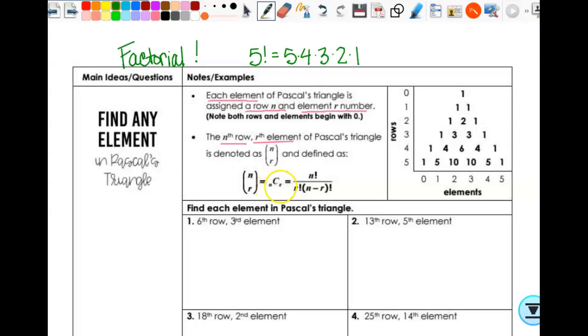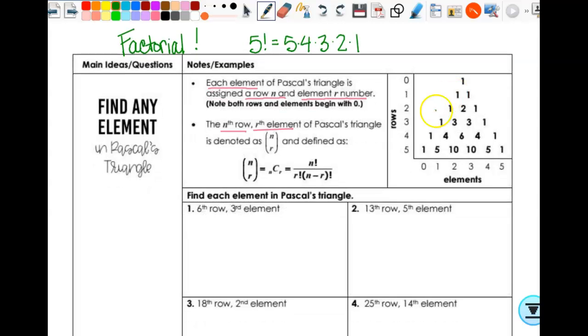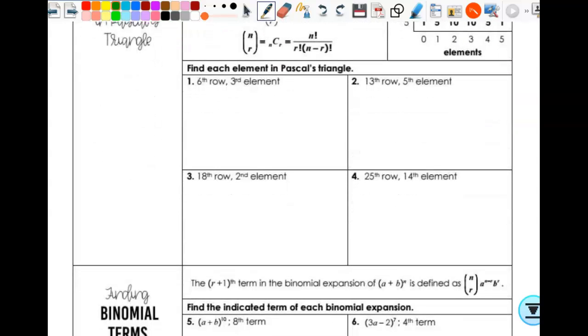So it would be n things taken r at a time, kind of like when picking the basketball team on that video we watched yesterday. How many different 5-player teams could you make? That's kind of what we're looking for here. But that helps us find the actual elements in here. So if we're going to find the 6th row, third element, then that means the 6 is the n, right? This is equal to n, and this is equal to r.